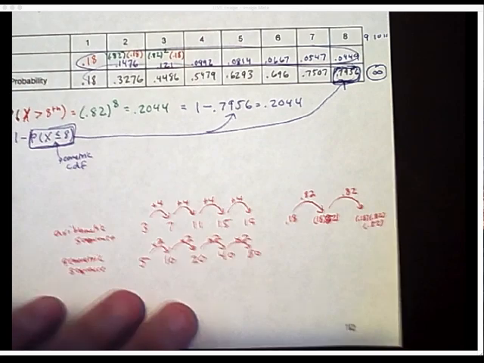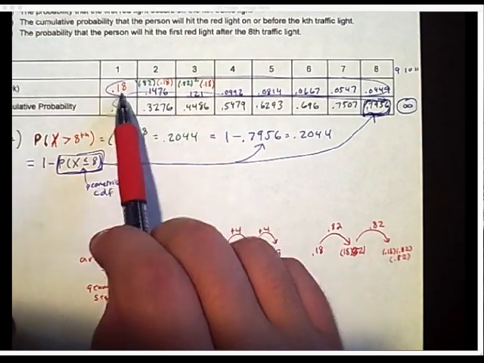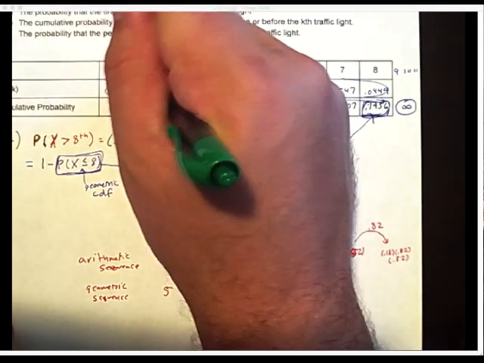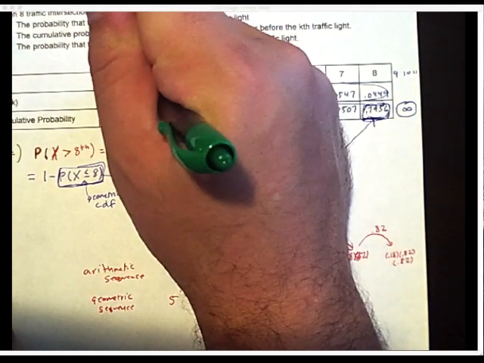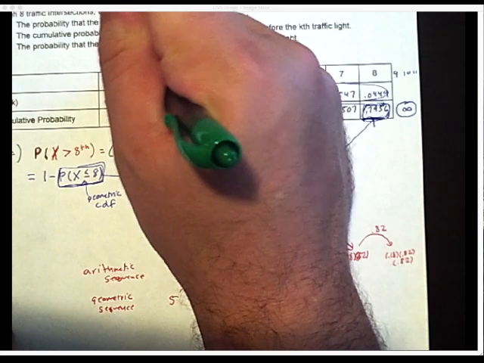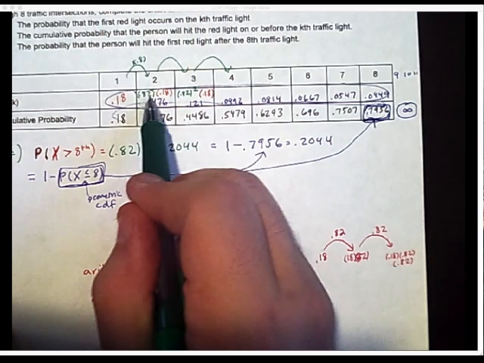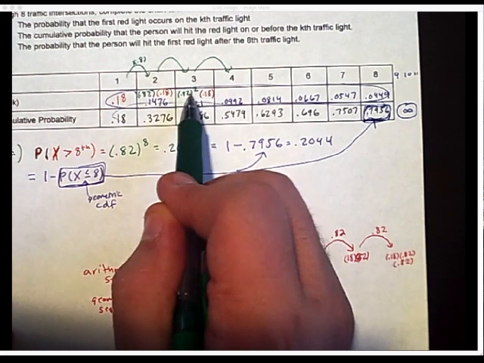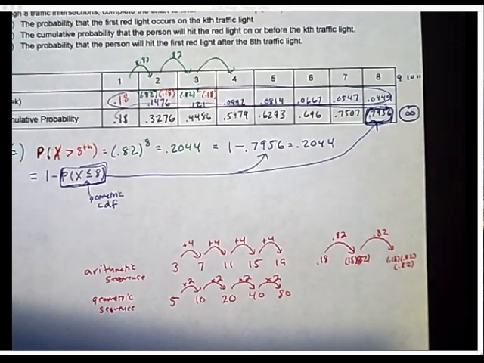And that's why this thing is called a geometric probability distribution. Because every time I go one more light, that means I went through another green. So when I go from here to here, I need to multiply times another 0.82 every time. Start with 18, and I have to do 18 times 0.82. Then 18 times 0.82 times another 0.82. So that's why it's called geometric. Hopefully that helps.